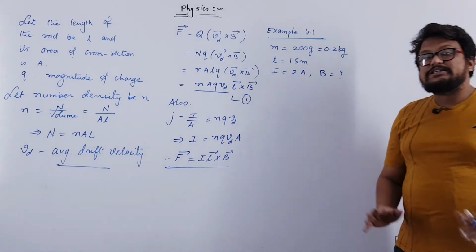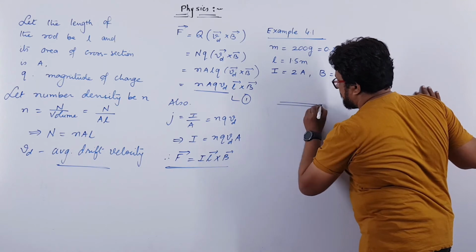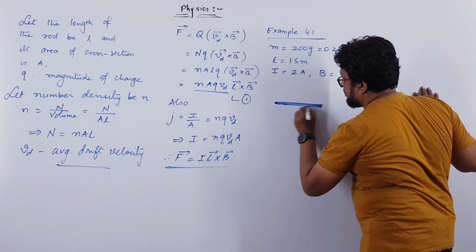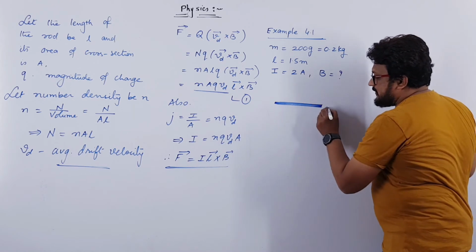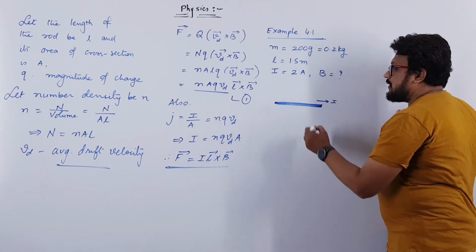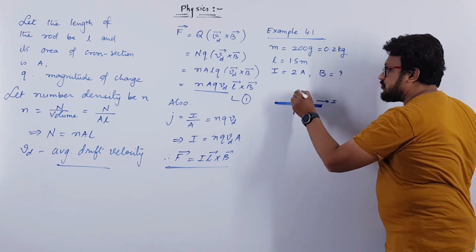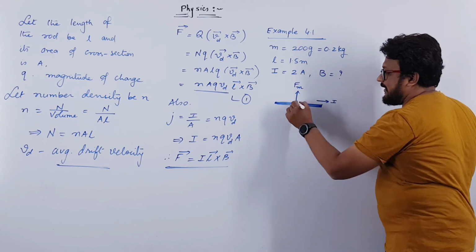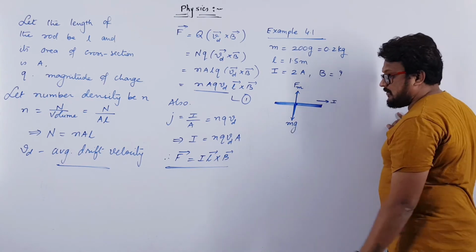So if a wire is suspended in a uniform magnetic field, let us say this is that wire. Now for this wire, let us say current is flowing in this direction, this is the direction of current I. Suppose the magnetic force acting on it is in upward direction, and in downward direction the weight of the rod or the current carrying wire will act, that is mg.